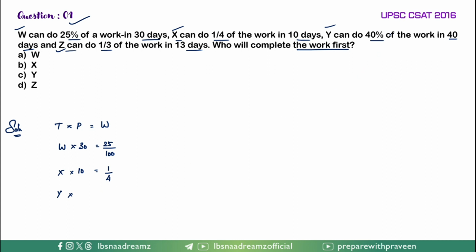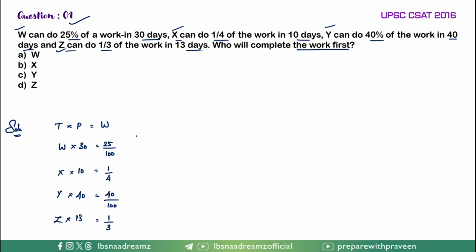Y can do the work in 40 days, which is equal to 40% of the work. So 40 by 100. Z will take 13 days and Z can do 1 by 3rd of the work.